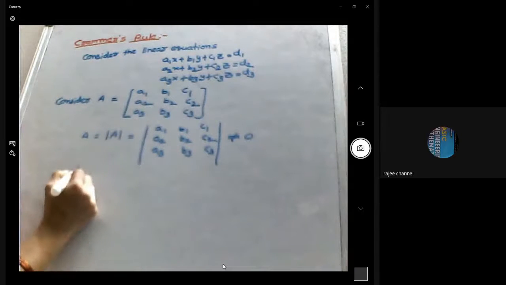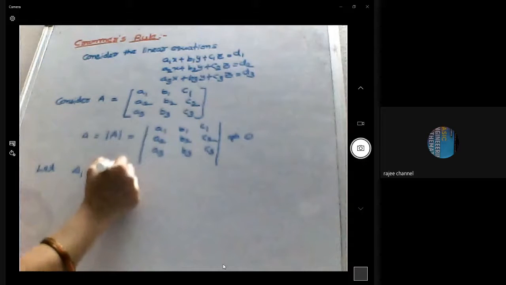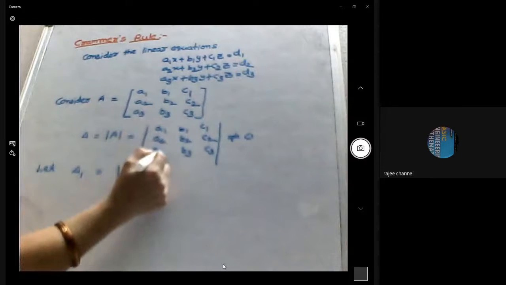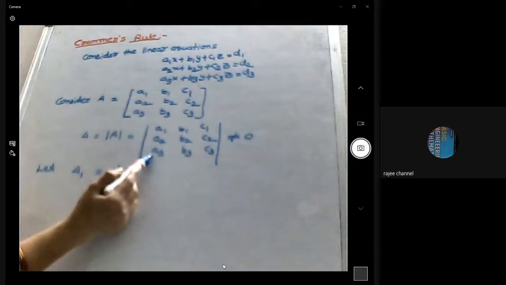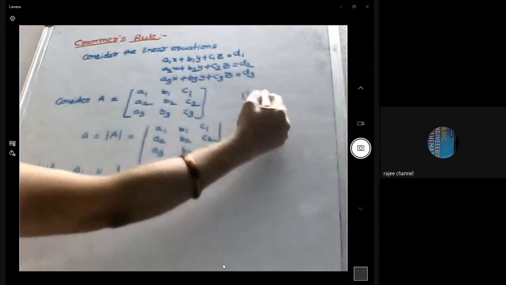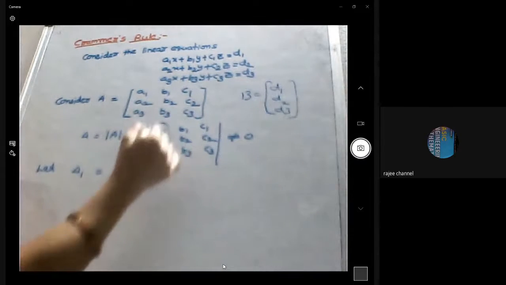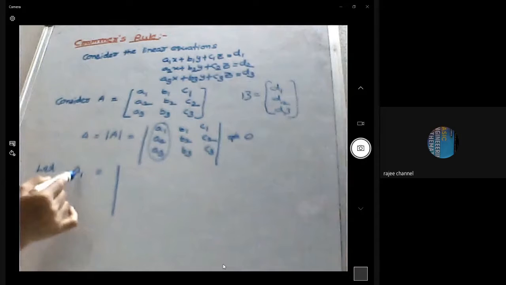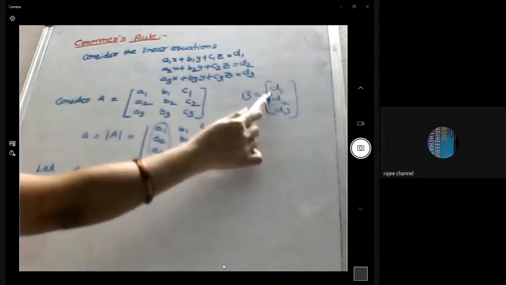Next, we can find delta 1. Let delta 1 equal... We take the formula: delta 1 is obtained by replacing the first column of delta by the constants d1, d2, d3.